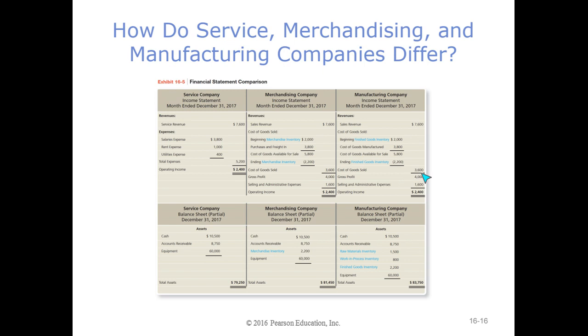And then we're going to take the 76 minus the 36, and that gives us $4,000 for gross profit. And then our selling and administrative expenses, we brought those in, they're $1,600. And that's going to give us a total operating income of $2,400.